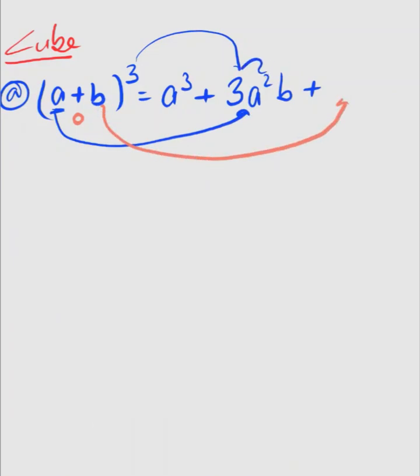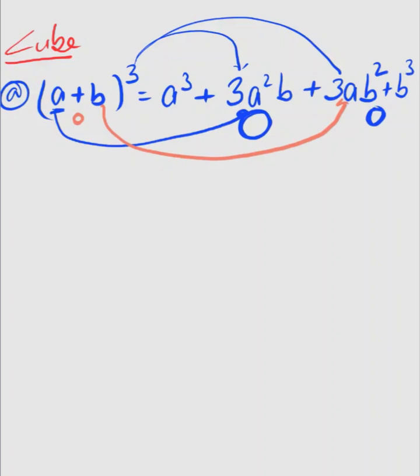Other things remain the same, 3 goes here, 3ab square, here it's a square, here it's b square, and then plus b cube. This is the formula of (a + b) whole cube.